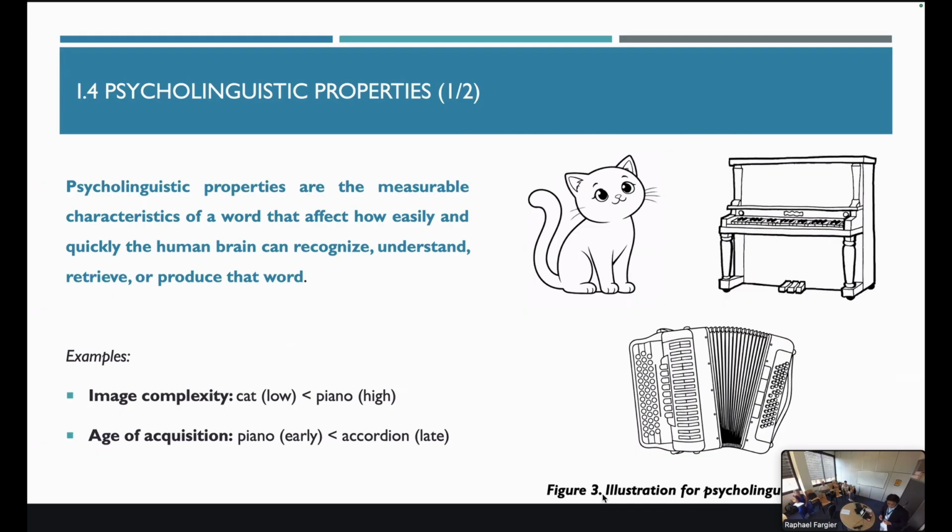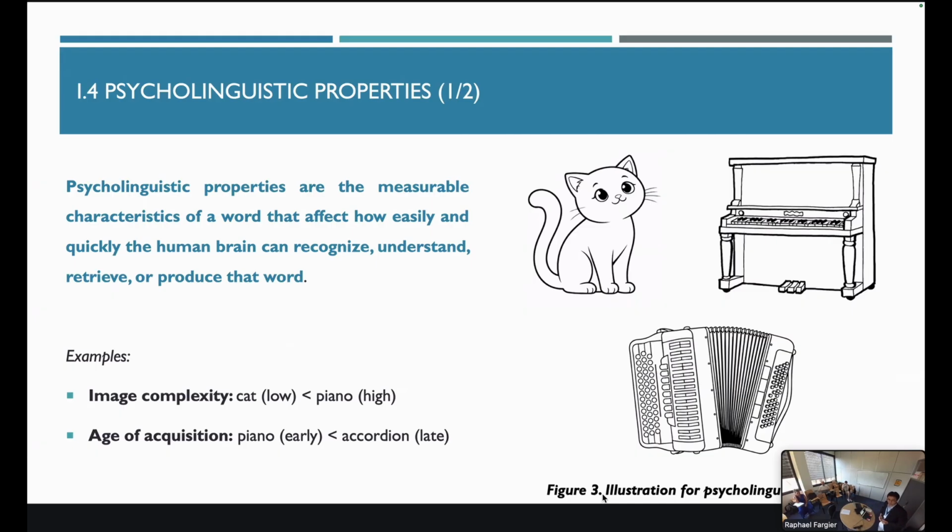For example, if we look at the image of a cat and a piano right here, we see that the image of the piano has more details than the image of a cat. So in this case, the image complexity of the cat is lower than the piano.